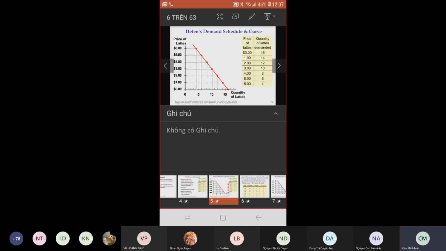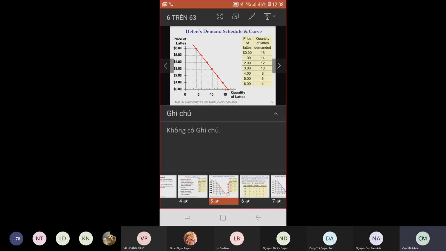Listen, all points standing on this demand curve represent the law of demand. You agree with me? With a high price, demand is low.